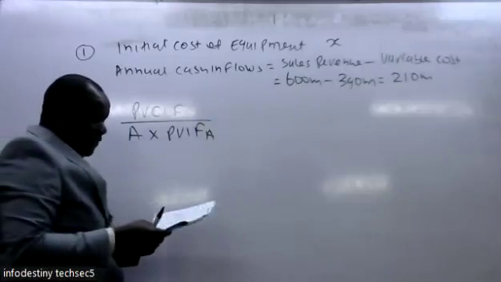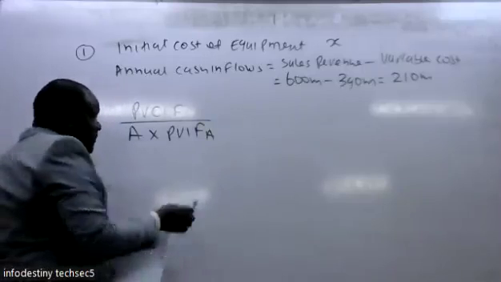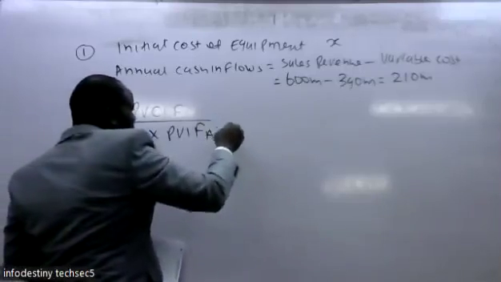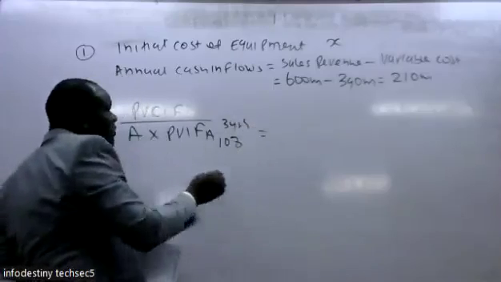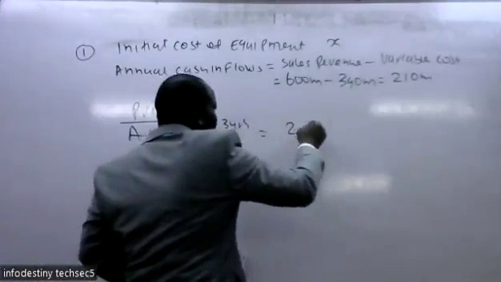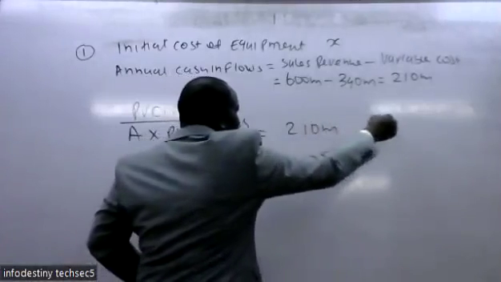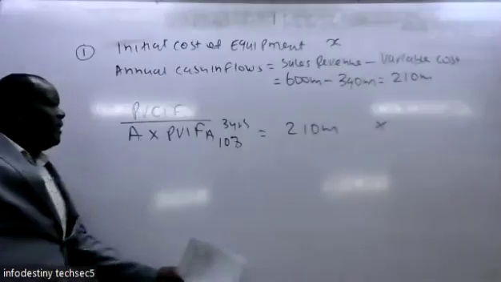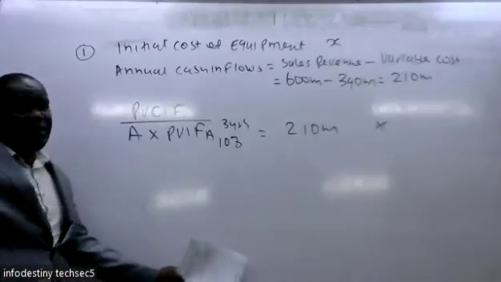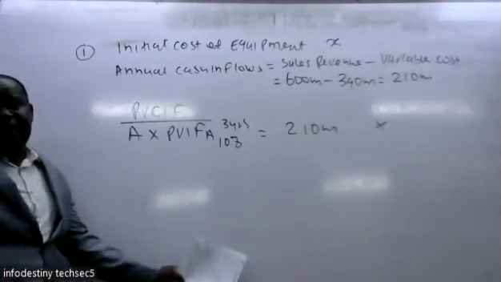Remember, the cost of capital is given as what percent? 10% for how many years? 3 years. So our annuity is the 210 million. So confirm in the table what is there as 10% in year 3 in the annuity table.